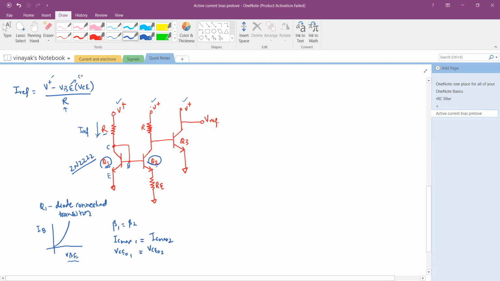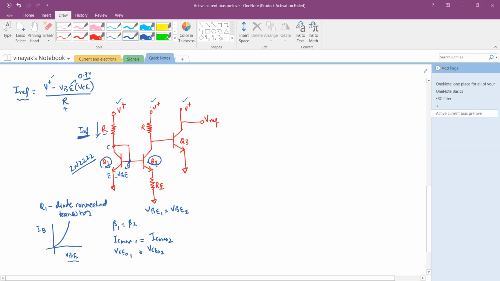For a silicon diode, it is about 0.7 volt, and you will have the value of reference set. Now, like I said, Q1 and Q2 are equal, so VBE1 is equal to VBE2. Because of the input current I reference, I'm generating this voltage VBE, and that is helping me to bias this transistor Q2.